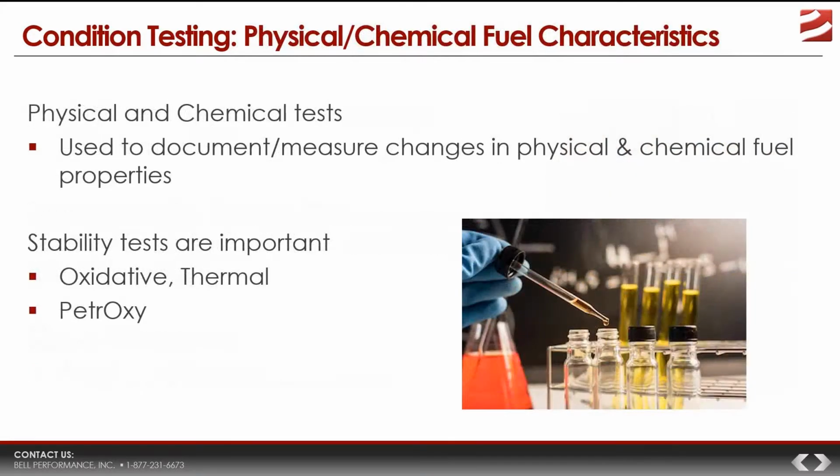Now, physical and chemical tests. We have said before that microbial contamination changes the properties of the fuels in certain distinct ways. Ways like it can increase the total acid number, it can increase the peroxide number, it can make it hazier. Remember the zwitterions and the way that they create invert emulsions?